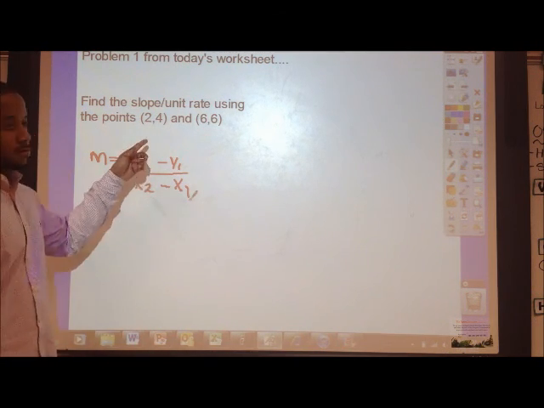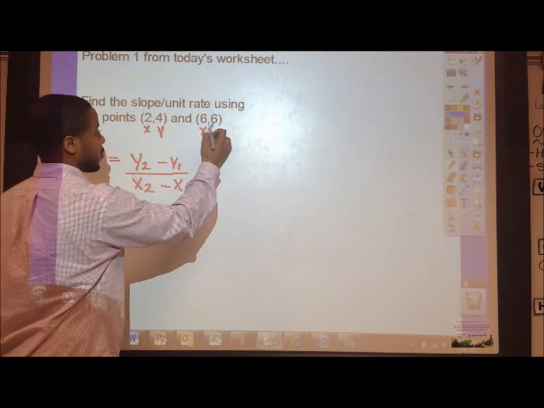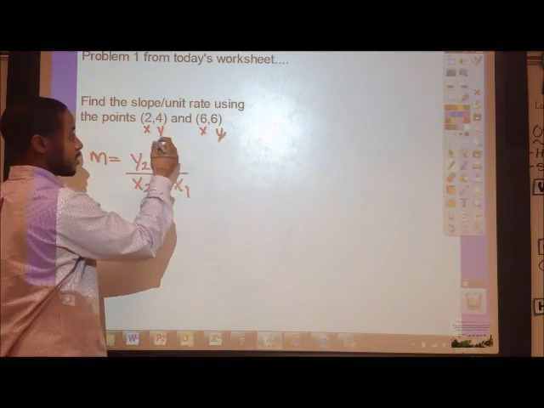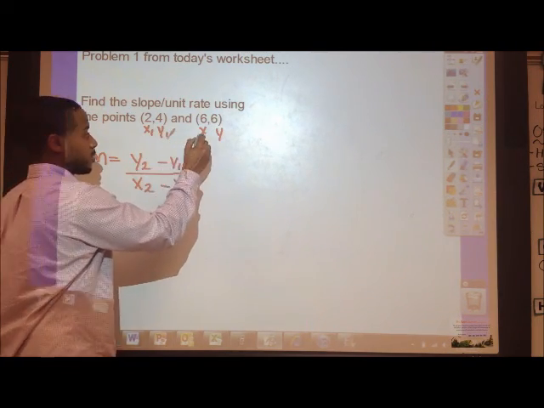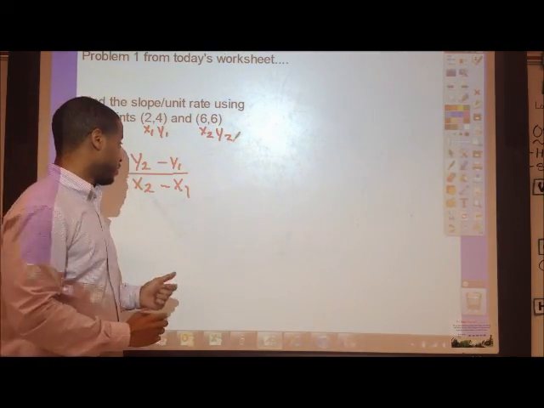Let's label these. It makes it a lot easier if we label them x, y, x, and y. Make these our 1s and these our 2s: x1, y1, x2, y2. Then we just plug it in.